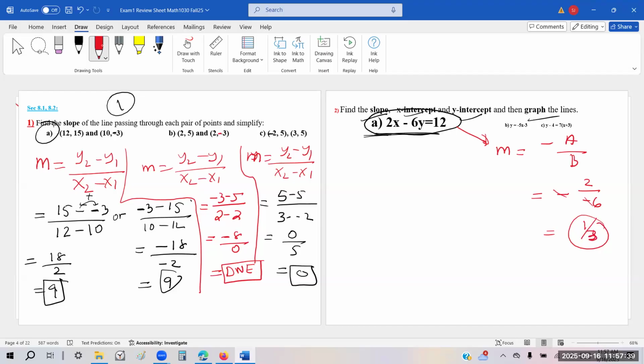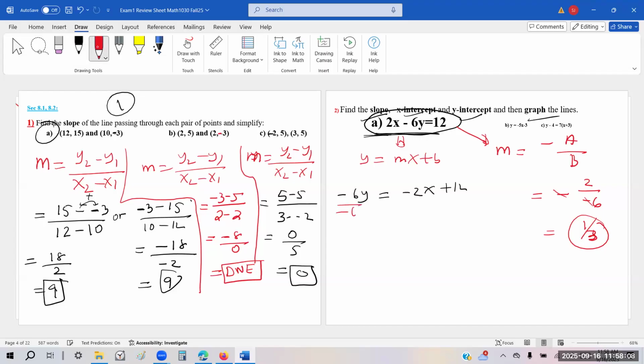If you can remember this, fine, but let's say you forgot, you don't remember, then you need to convert into y equals mx plus b format. So you need to get the y alone. You subtract 2x. So negative 6y is negative 2x plus 12.